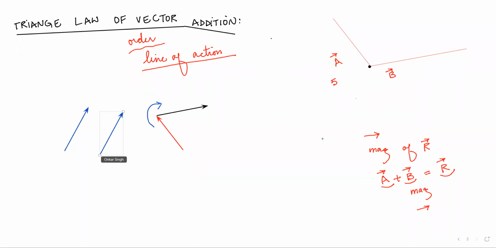Now students, you have already seen in front of you that the head of one vector will coincide with the tail of another vector. All right, so we can give the statement of this also.